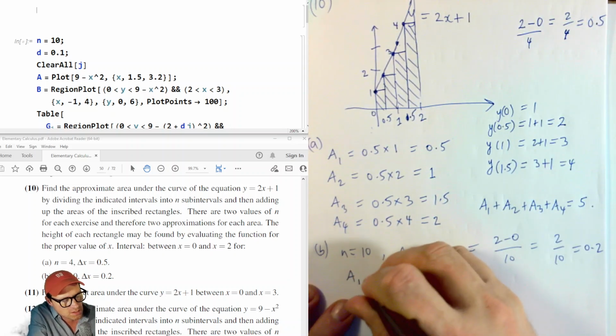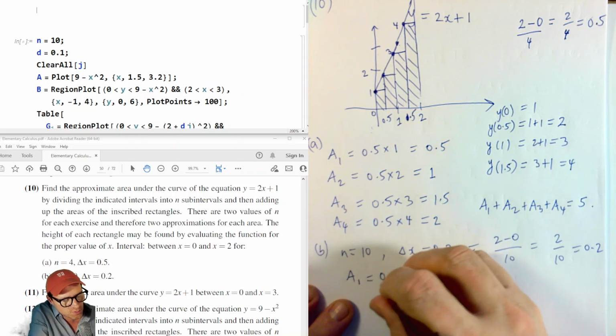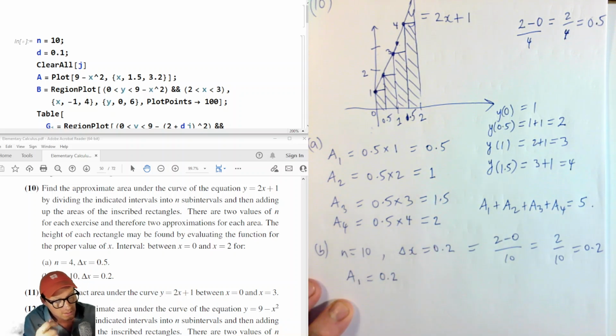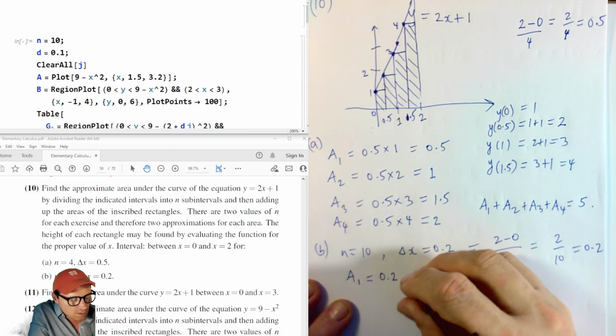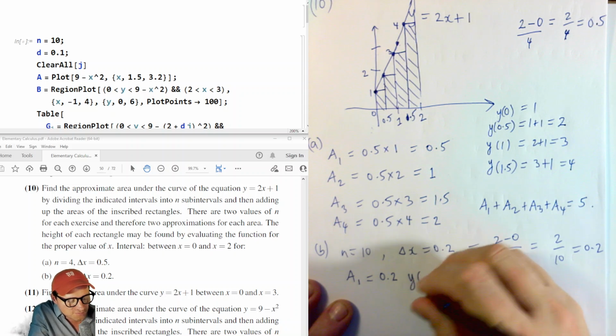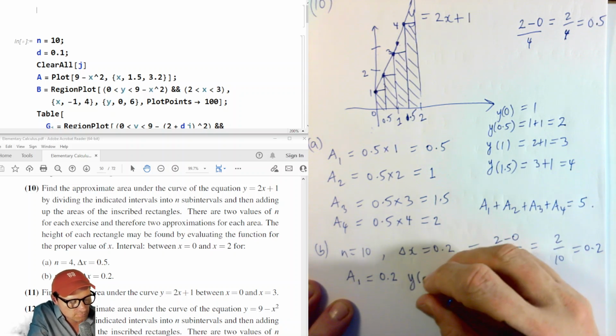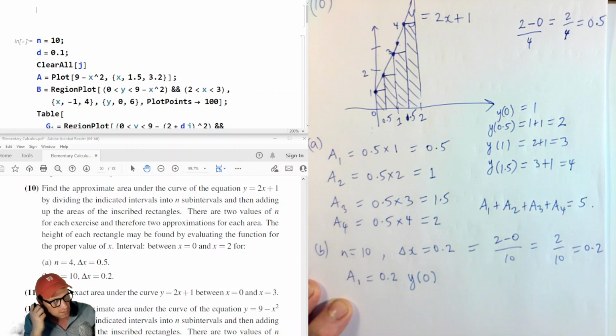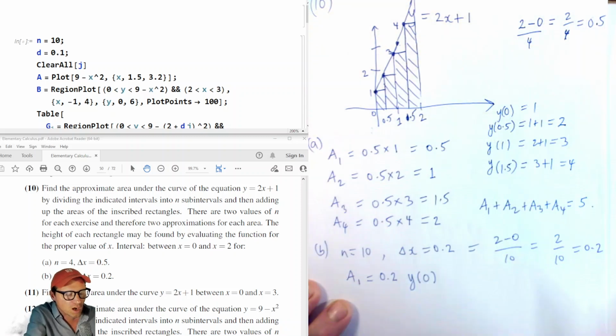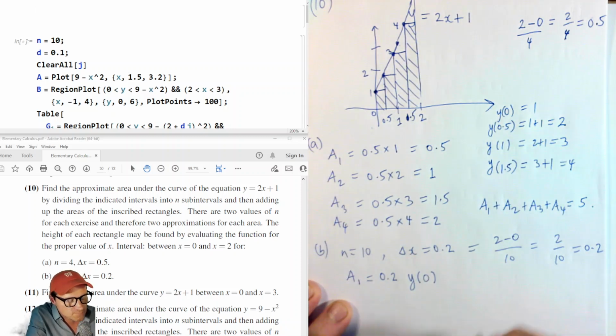So A1 would be equal to 0.2 multiplied by, now these are inscribed, y of 0. And y of 0, remember, that's 1.